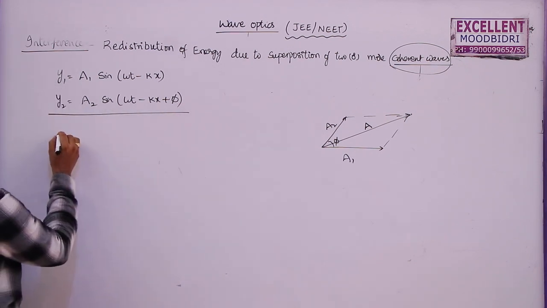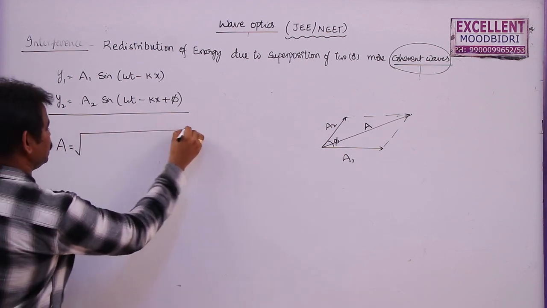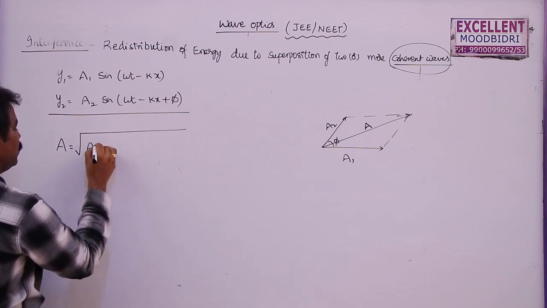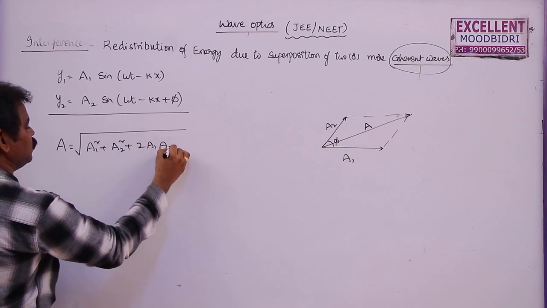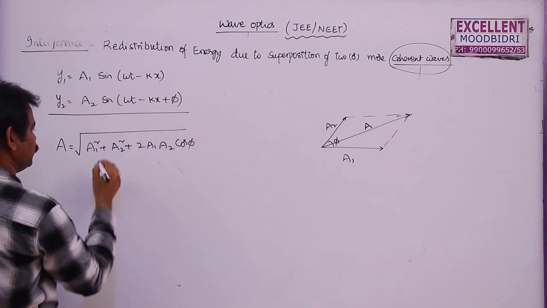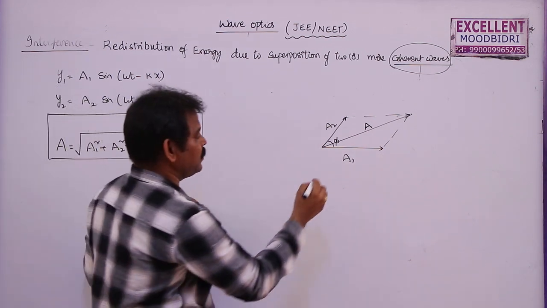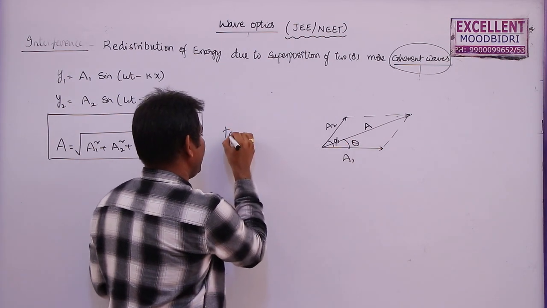So that is given by the resultant amplitude. First of all, A is given by, as it is a parallelogram, I am going to use the parallelogram law of vector addition: A1 square plus A2 square plus 2 A1 A2 cos phi. So this is the resultant amplitude. What is the angle made by the resultant with one of the vectors?